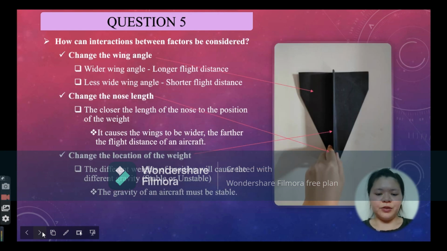The last question given is how can interaction between factors be considered? The first method is to change the wing angle. Based on the experiment that has been done at the research site, we have observed that aircraft with a wider wing angle have a longer flight distance compared to the less wide wing angle, which has a closer flight distance.